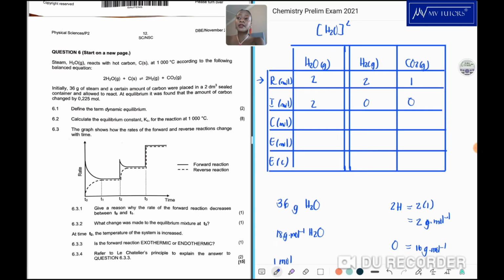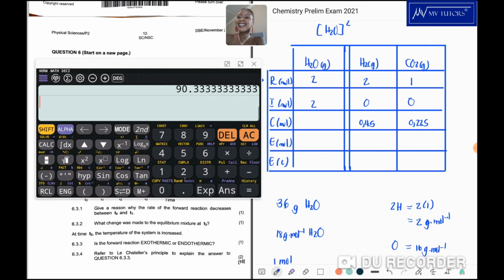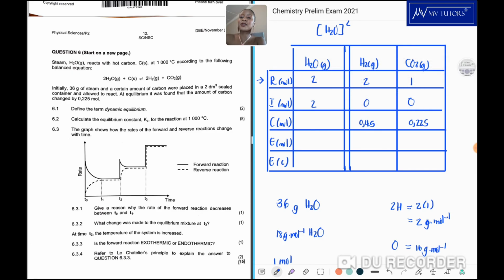So if carbon changed by 0.225 mole, carbon dioxide will also change by 0.225 mole because they have a 1-to-1 ratio. But for the others, where they have 2 moles, we're going to double that. So 0.225 times 2 should be 0.45. Yes, it's 0.45.